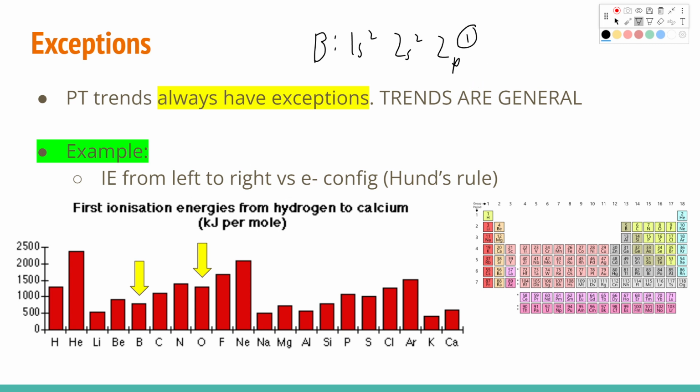So I'm trying to remove this one over here. And when I remove that, that's stable because the next fullest thing will have a full orbital. And so that makes sense that boron will use less energy compared to beryllium, because by removing the electron in the p orbital, it makes this super duper stable atom because this is a filled orbital.